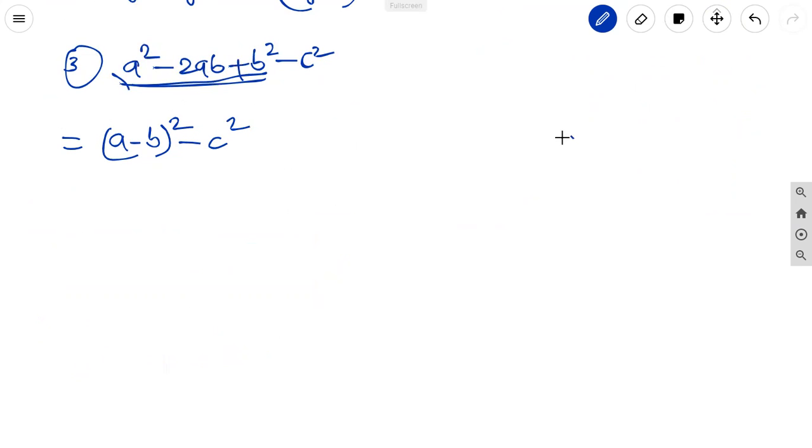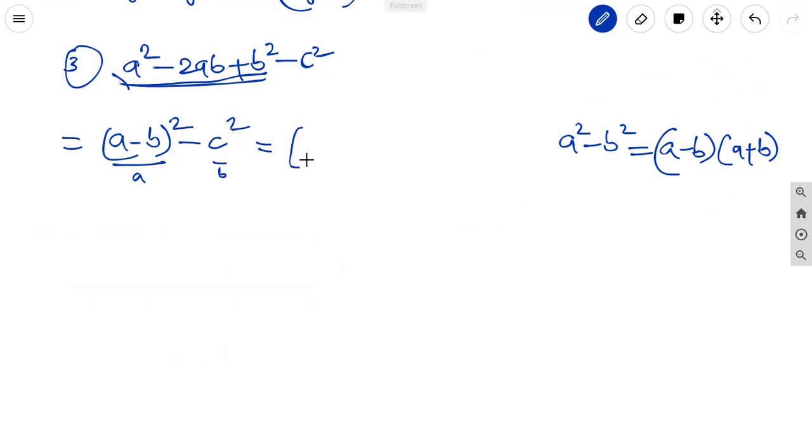Again, this is in the form of the identity a square minus b square equals (a − b)(a + b). So this is nothing but a, this is nothing but b. It is in the form of a square minus b square. By the identity, what can we write? a minus b, here a is (a − b) and b is c.